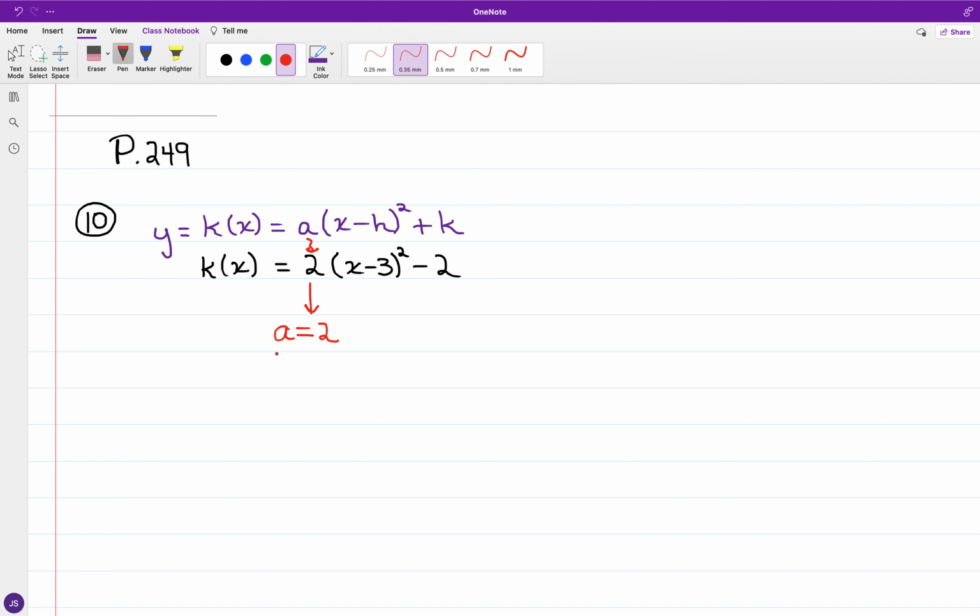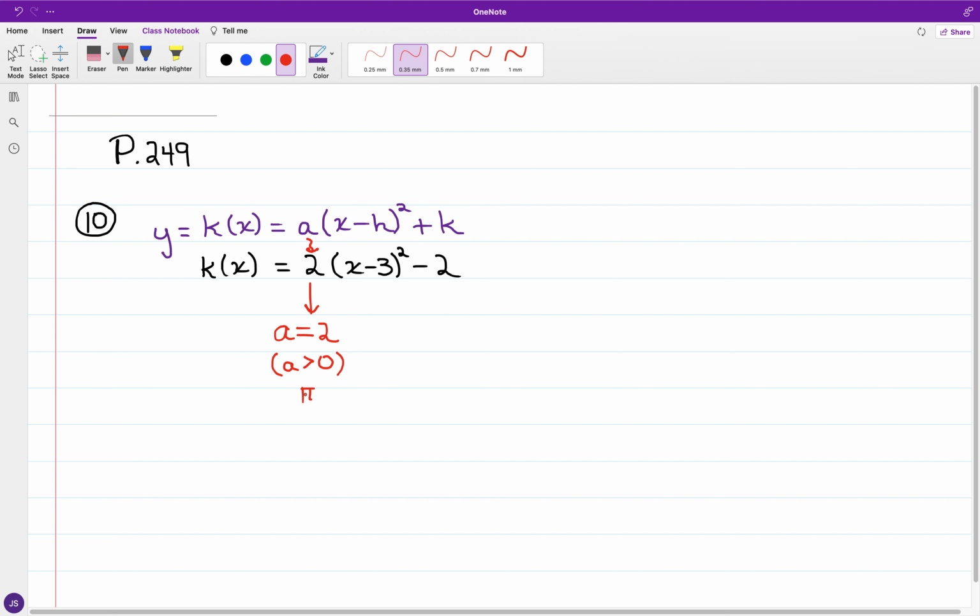So we have that a is equal to 2, and 2 is a positive number, and since the leading coefficient is positive, k of x is going to open upward.